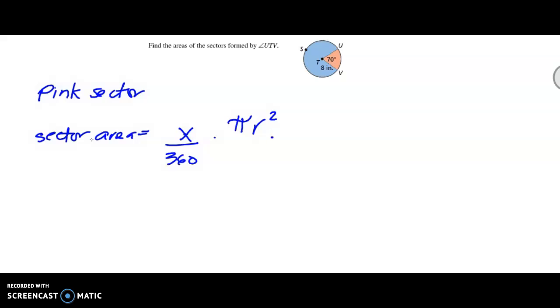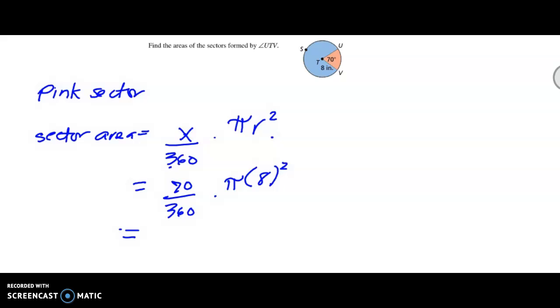So to find the area, see down here. Right here. So to find the area, it's x, which is 70 degrees, over 360 times pi, your radius is 8, so 8 squared. So let's do this in our calculator.